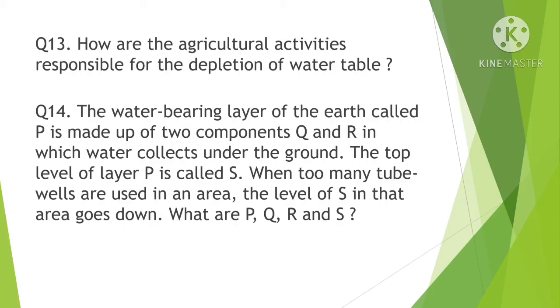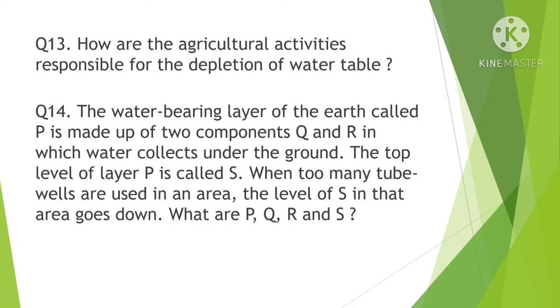We know that the water bearing layer of the earth is called aquifer. So the P here is aquifer. Now aquifer is made up of two components, that are the soil particles and the porous rocks in which the water gets collected. So Q is soil particles and R is porous rocks.